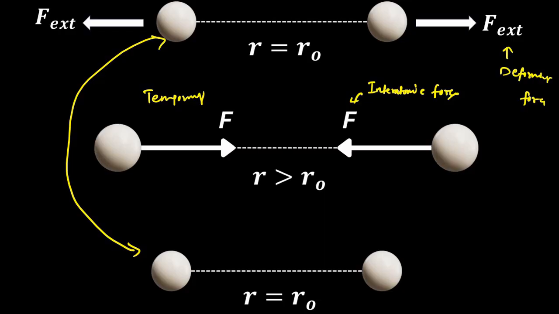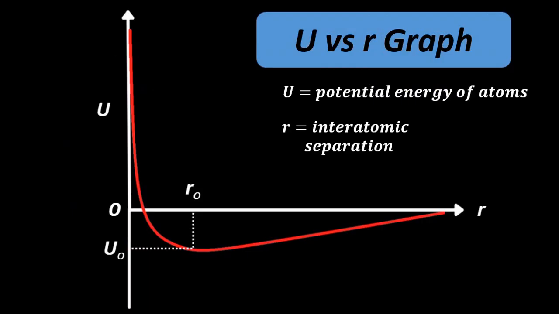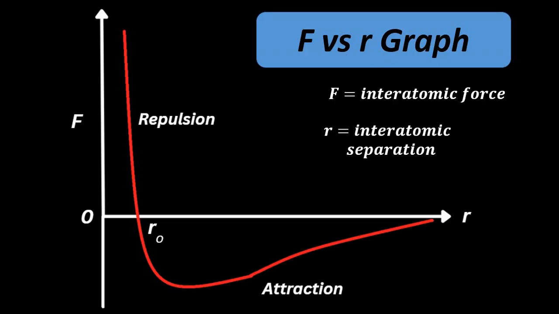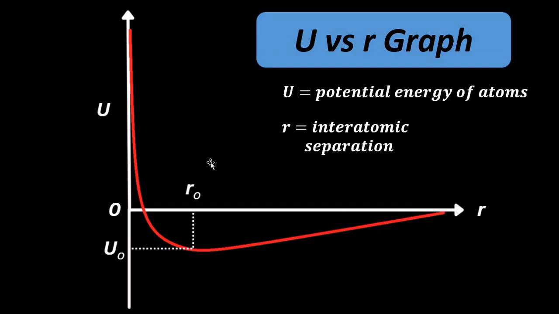This can be understood with the help of a potential energy versus separation gap graph, or an interatomic force versus interatomic separation R graph. Here we have taken an XY plot where U on the y-axis is the potential energy between the atoms, and R is the interatomic separation between atoms. When R is greater than R0, that is, when the interatomic separation is greater than the equilibrium separation, the potential energy is negative.